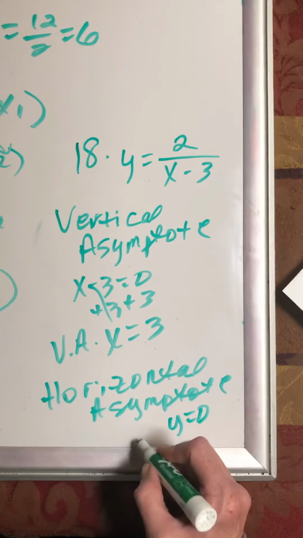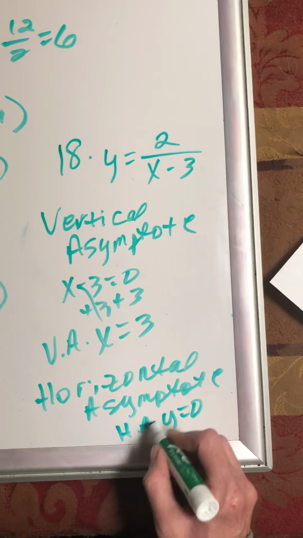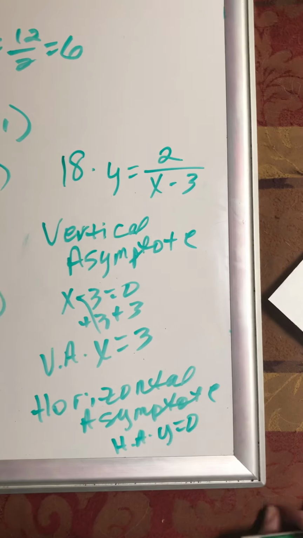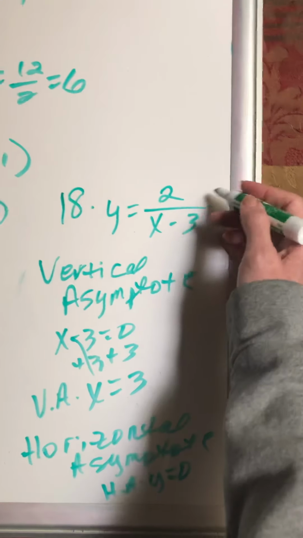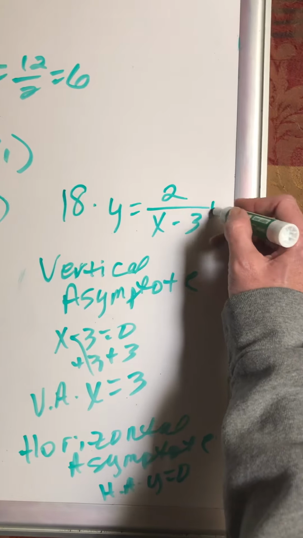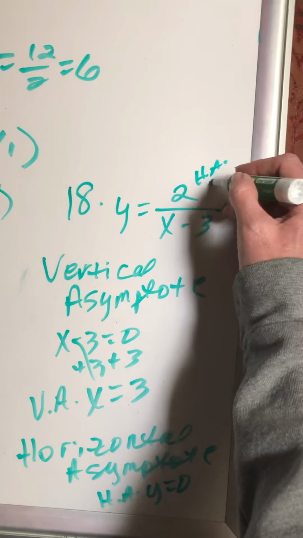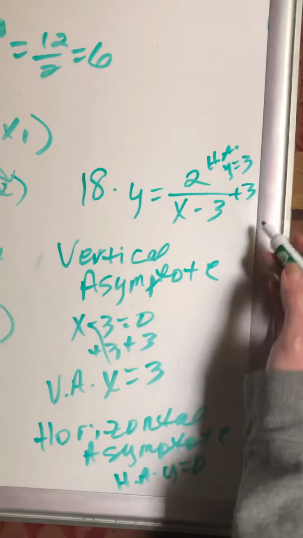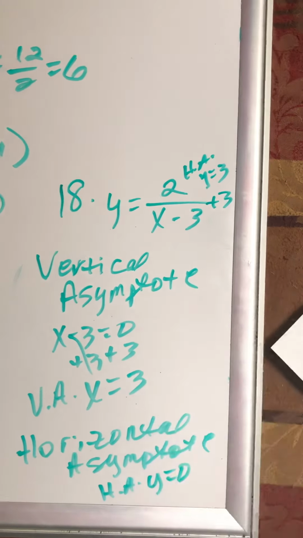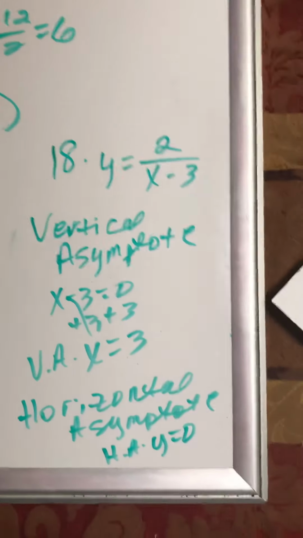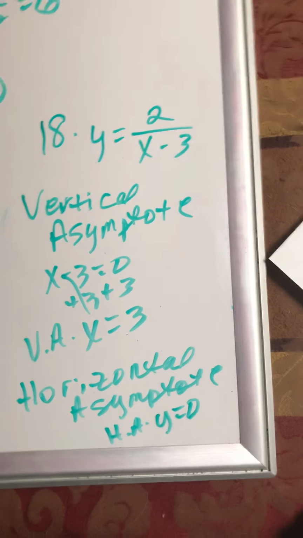Your horizontal asymptote for right now, because we just got started on that, is just y equals 0, okay? But again, if you see a number out here, like if this had a plus 3 out here, then your horizontal asymptote would be y equals 3, if there was a plus 3, okay? But this one does not have that, so that's the way you do number 18.